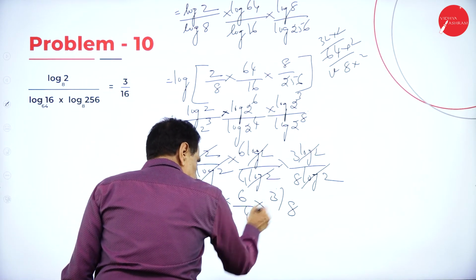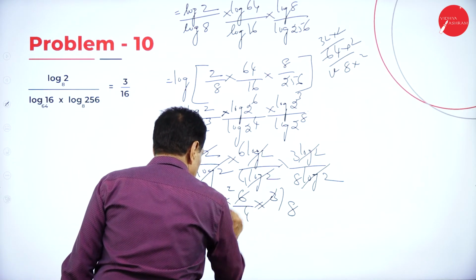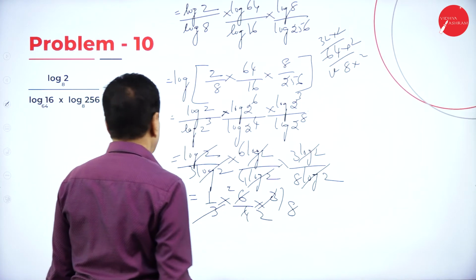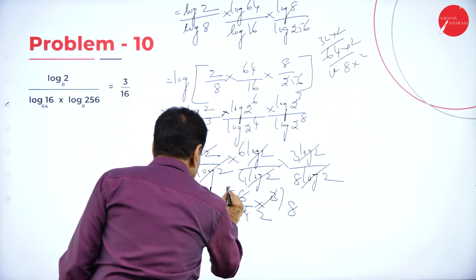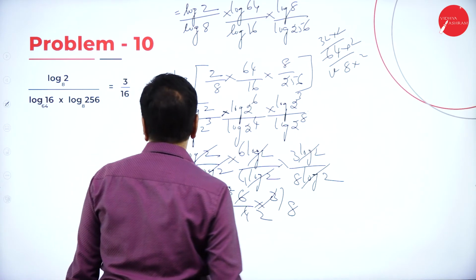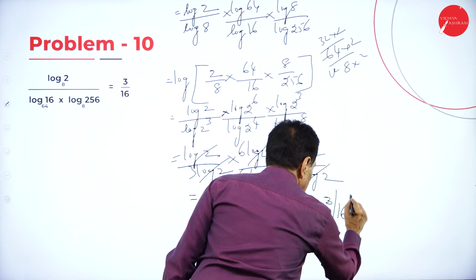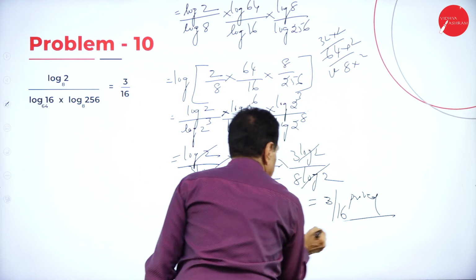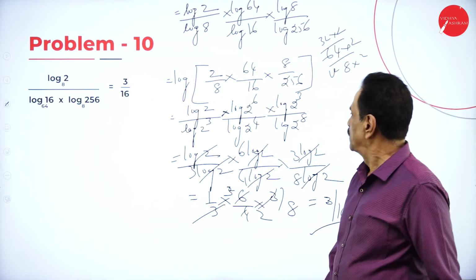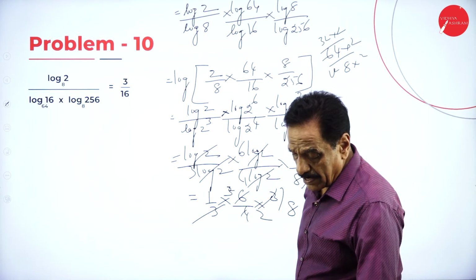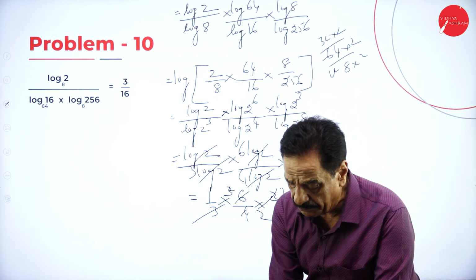The 3 cancels out. 2 threes are 6, 2 twos are 4. This is 3 by 16. Proved. Simplify this. Last one.